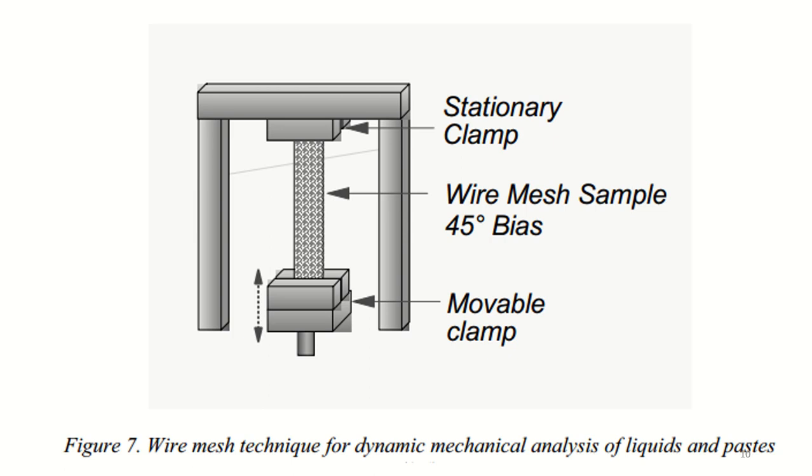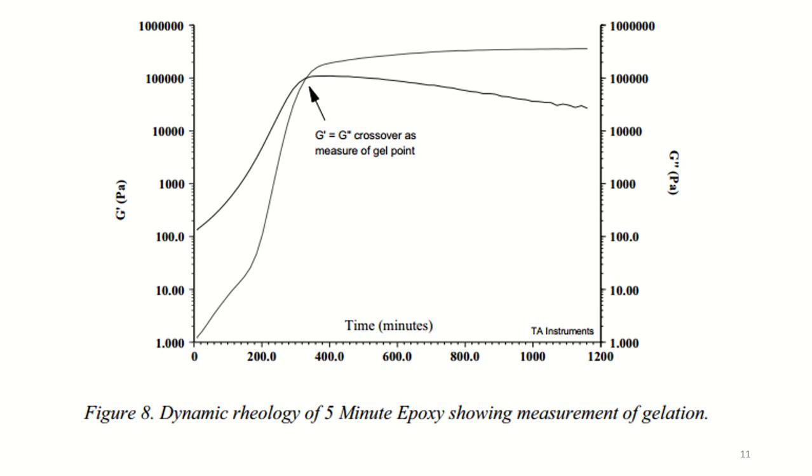As just mentioned, the gel point is often estimated in a rheological measurement as a crossover where G' is equal to G'' or tan δ is equal to 1. This is depicted in figure 8 for 5-minute epoxy.